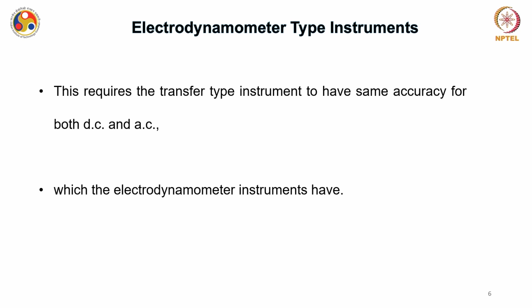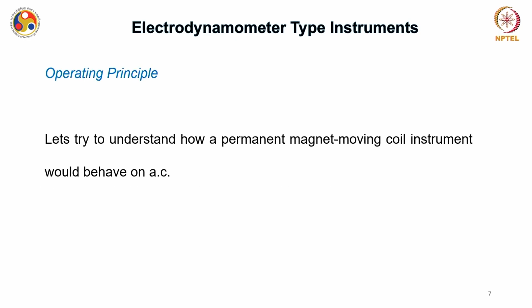And this kind of facility is provided by electrodynamometer instruments. So, we have to understand this new class of instrument, which, as the name suggests, is an electrodynamometer kind of instrument. Let us try to understand its operating principle before we go into the derivation of its torque equation or the deflection equation.